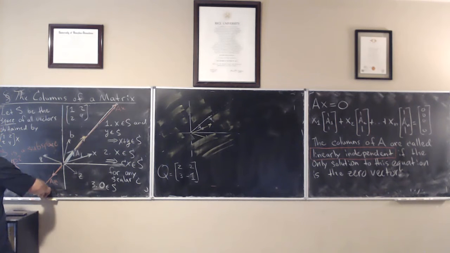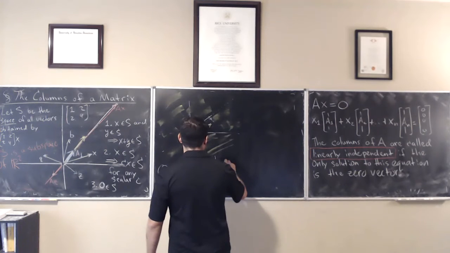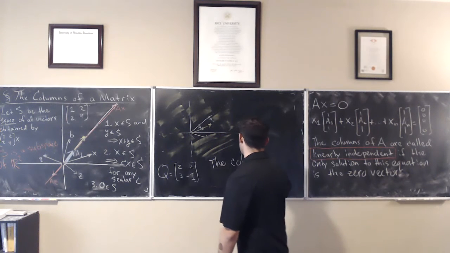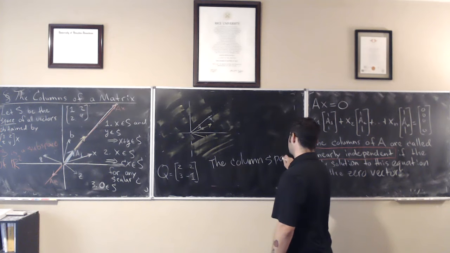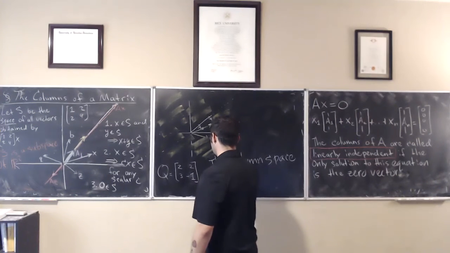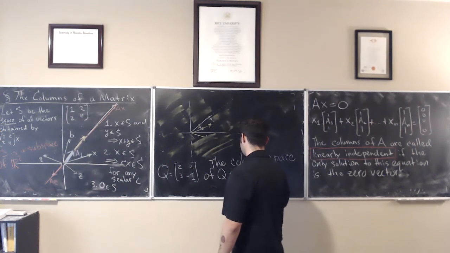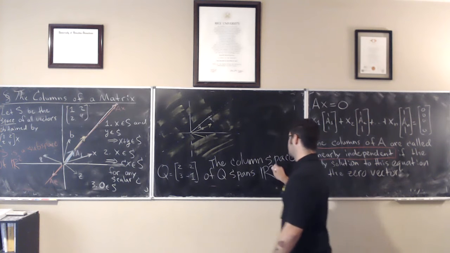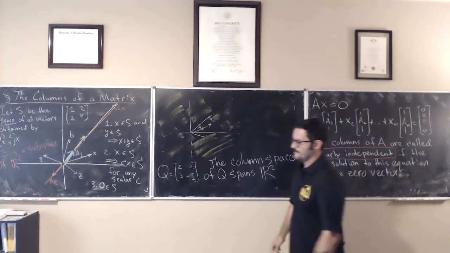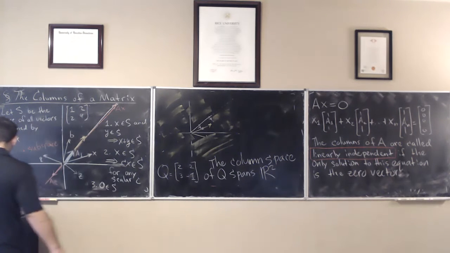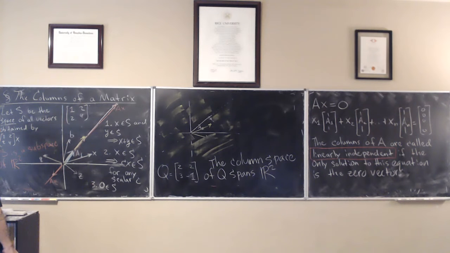So in this case, we would say the column space of Q spans R2. Okay. This is in two-dimensional space.